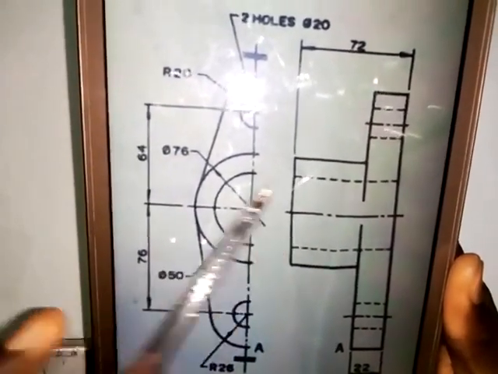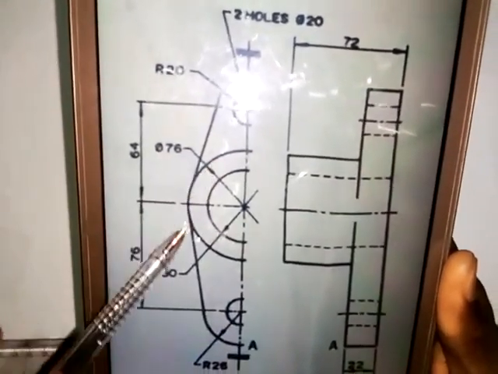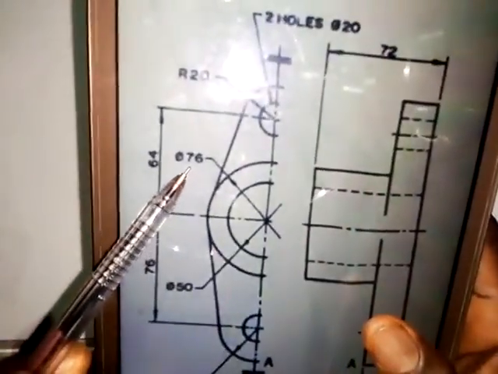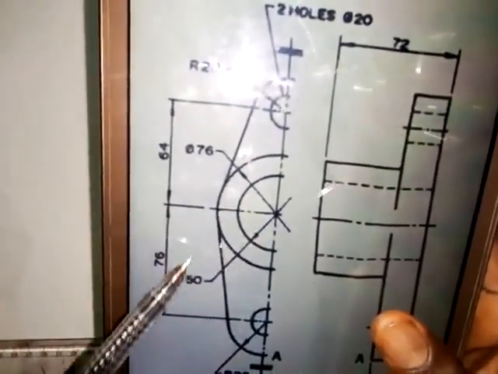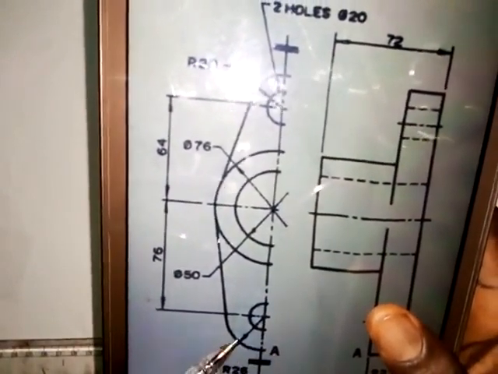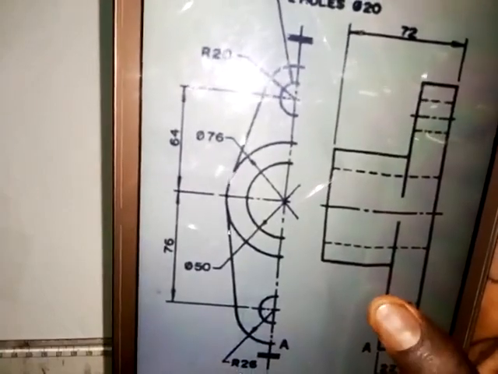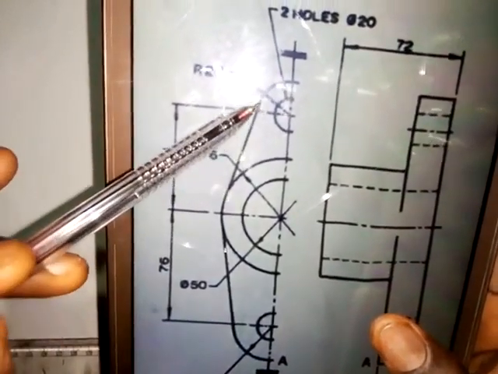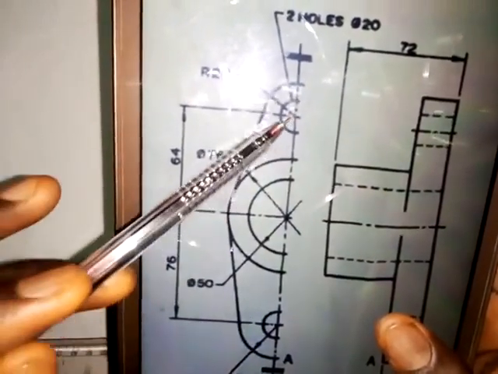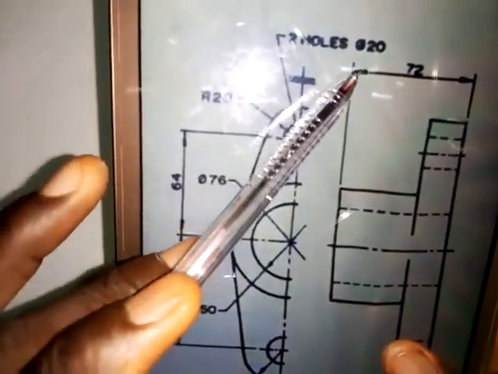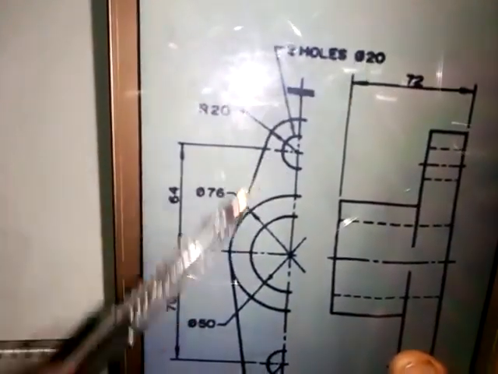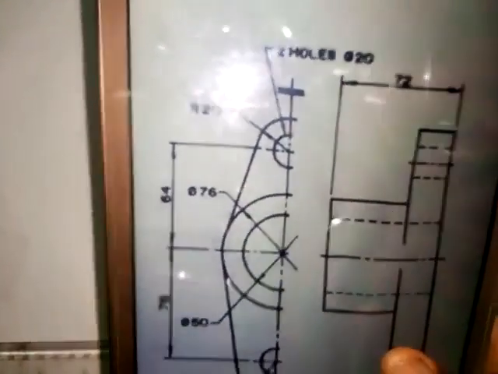The diameter of this big circle is 76 millimeters. The diameter of the small circle is 50 millimeters. For this curve that we have here, the radius is 26 millimeters, and the radius of this is 20 millimeters. For these small circles that we have here, the diameter of each of them is 20 millimeters. That means the radius should be 10 millimeters.